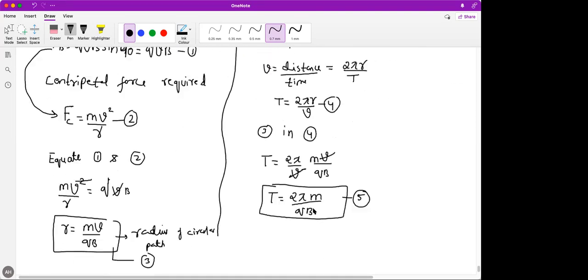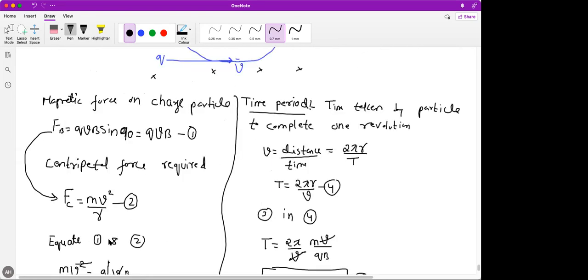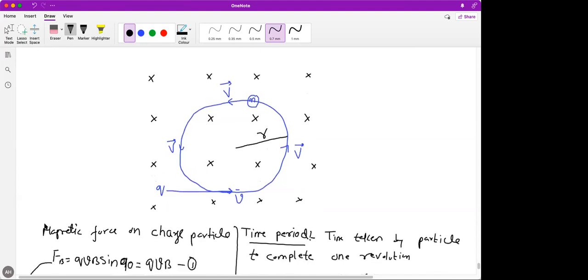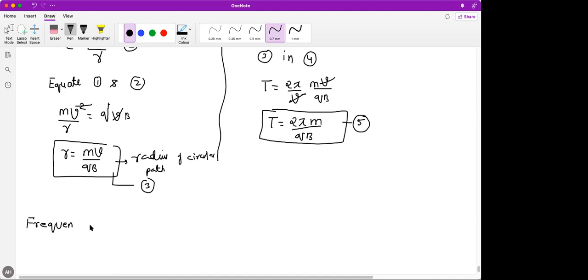Okay, after this, we have time period, we have radius of path. The next is we need frequency. Frequency means number of revolutions in 1 second.